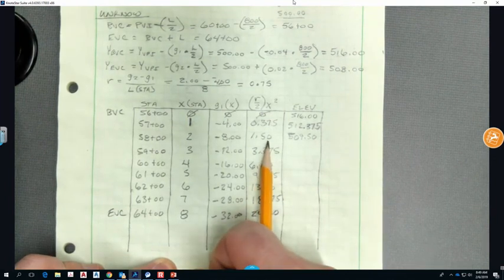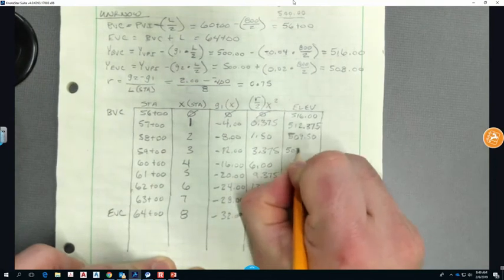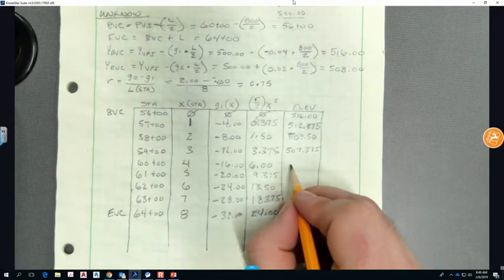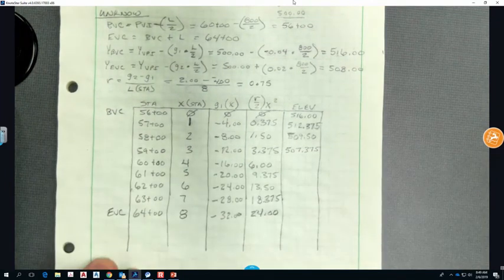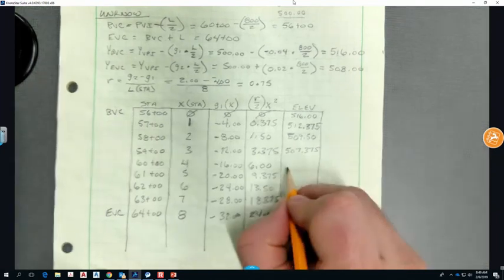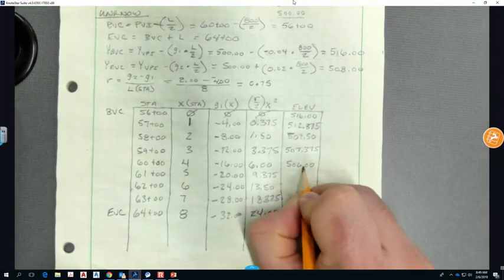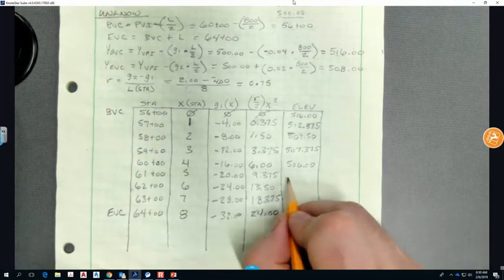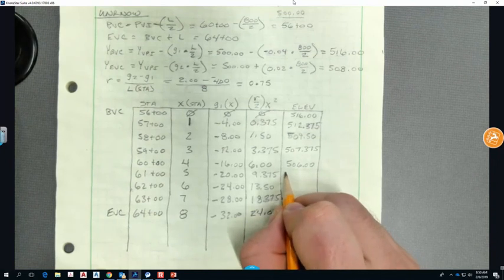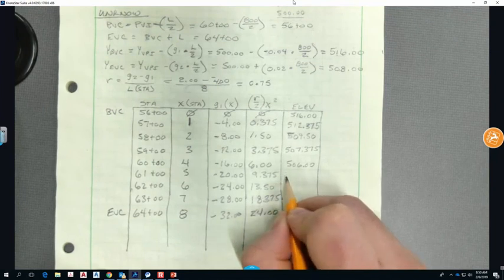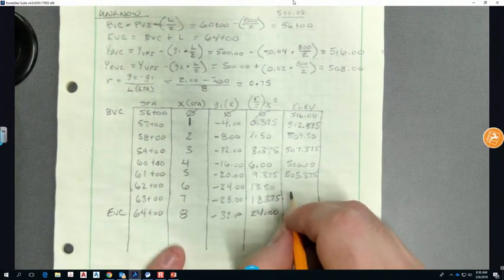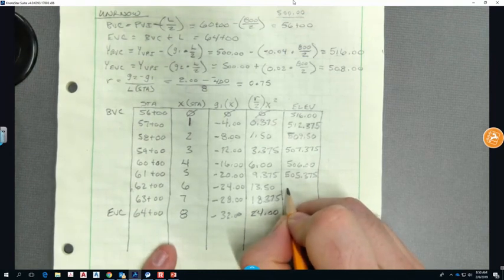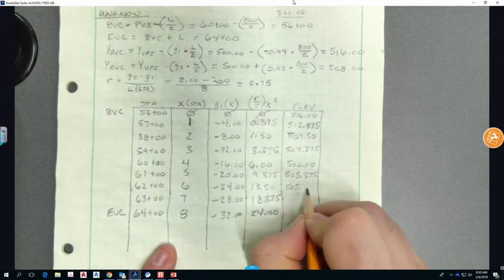Did you subtract this one? No, I was doing the next one. Oh, next one. 507.375. Okay, great. Okay, 60 plus 00. This is a 0. 506.00. That one's actually an easy one. 505.50.